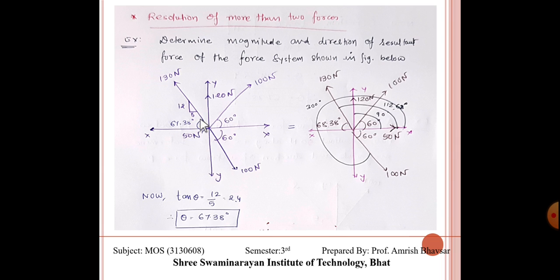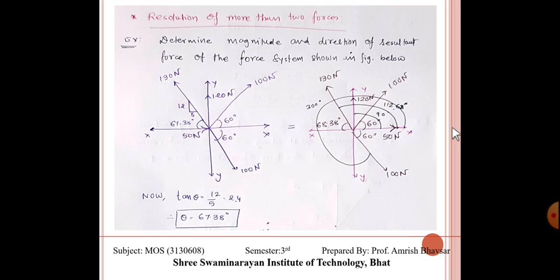So first we have to find this angle with the help of tan theta equal to 12 upon 5, so theta is equal to 67.38 degrees. Now dear student, the most important thing to understand is that whenever we calculate the result of all these forces on a single axis, we get sigma H. So we always keep in mind that we resolve all these forces on the positive x axis. It is very simple for us, right?